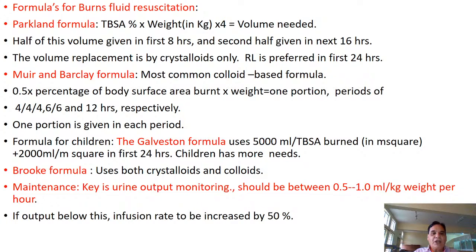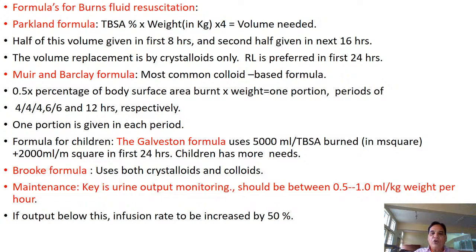Then comes the major fluid resuscitation formulas. The commonest formula we are using today is the Parkland formula. What does the Parkland formula say? In the old version, TBSA percent multiplied by weight multiplied by 4.